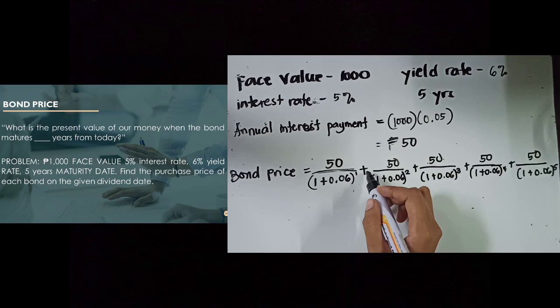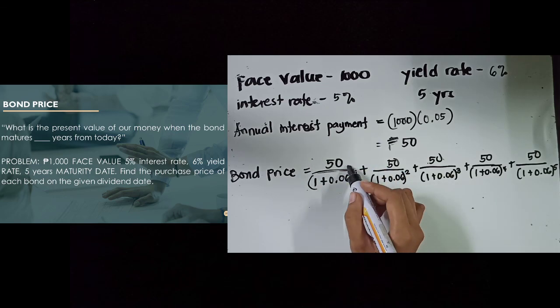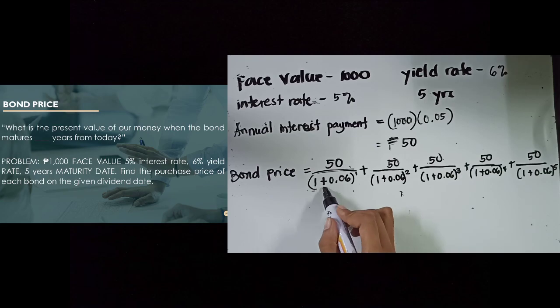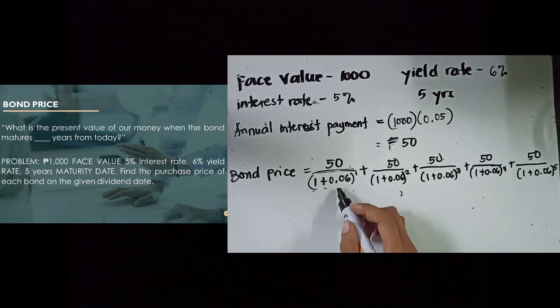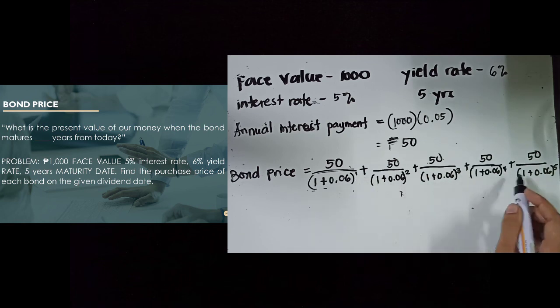Okay? Get the sum of the quotient of annual interest payment, which is 50, and 1 plus the appropriate yield to maturity. So, 0.06, which is the yield rate. Then, raised to 1, raised to 2, raised to 3, raised to 4, raised to 5 since 5 years.